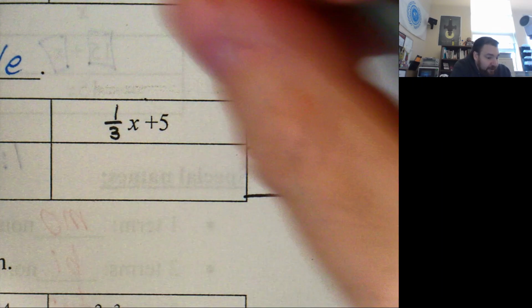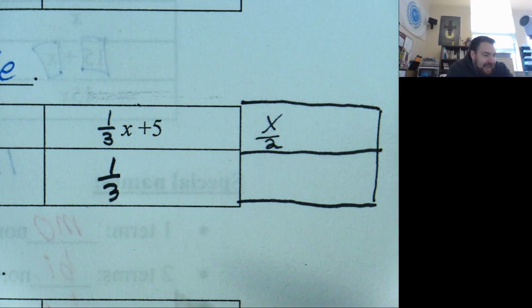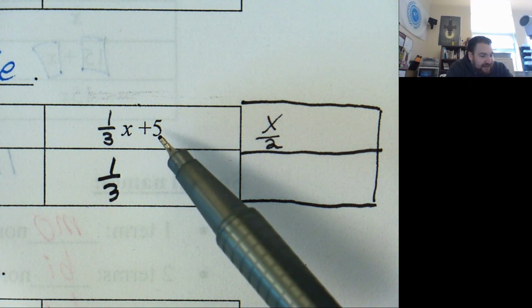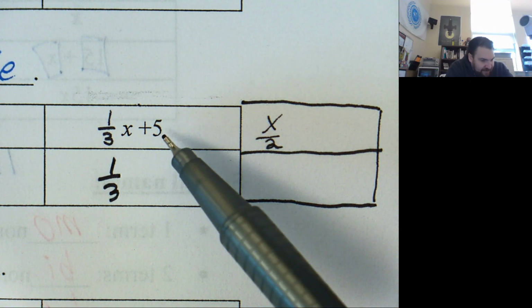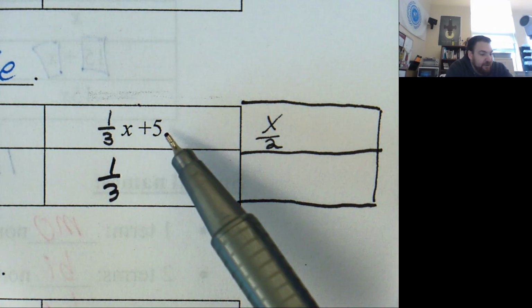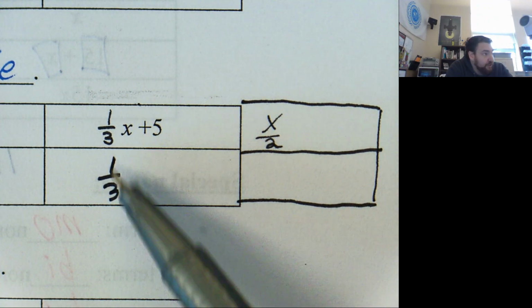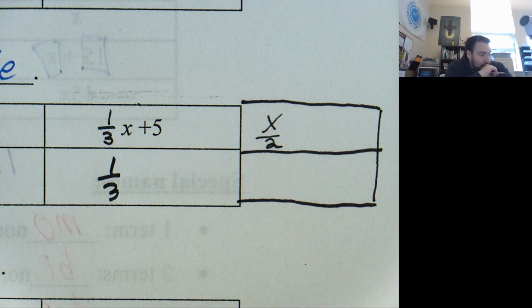It's 1/3. And this 5 isn't a coefficient. It doesn't have a coefficient because a coefficient means it has to be multiplied in front of a variable. There's no variable here, so we're done. The 1/3 is the only part here that's a coefficient.